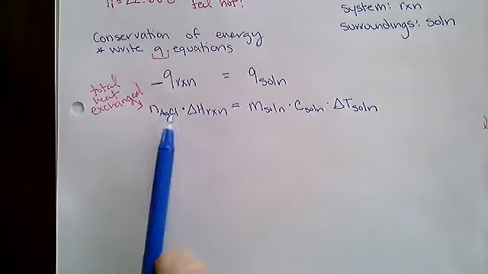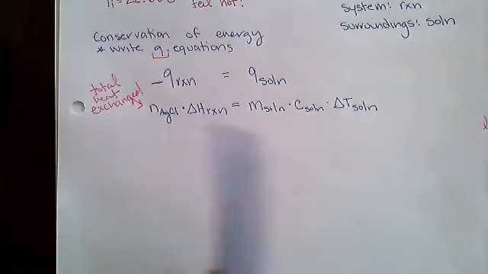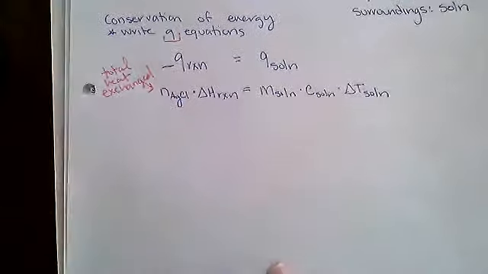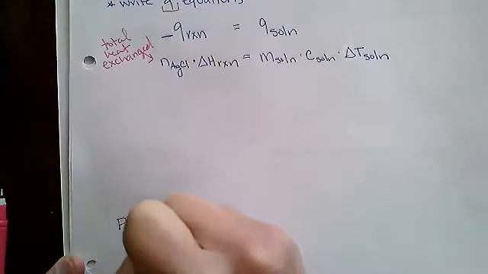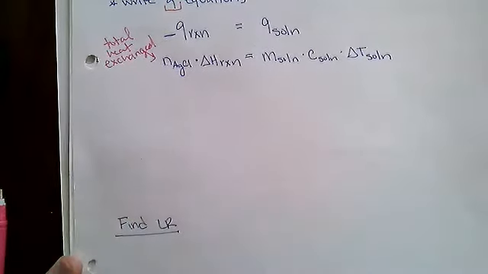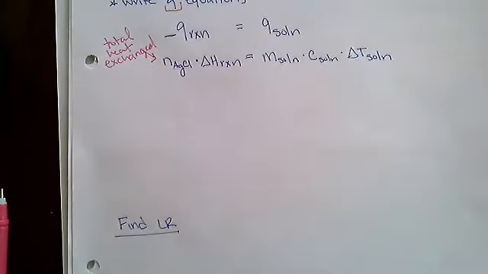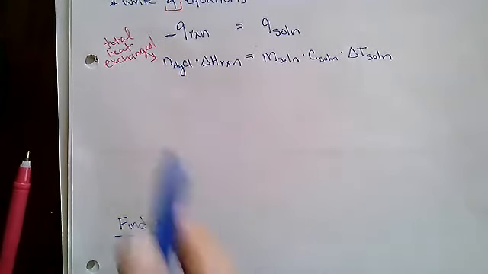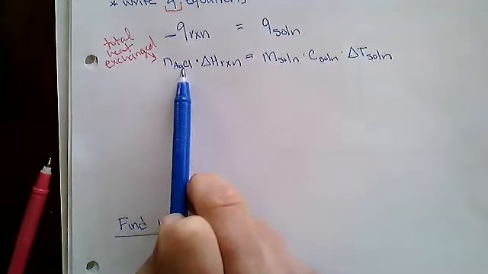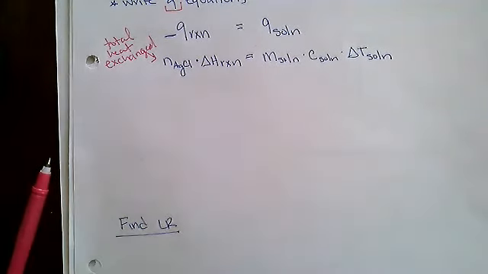So first I'm going to figure out my limiting reactant. I'm going to leave myself room for work and I'm going to find it down here. So I can use the volumes and the molarities of the reactants and figure out which one is going to make more silver chloride and which one's going to limit silver chloride.